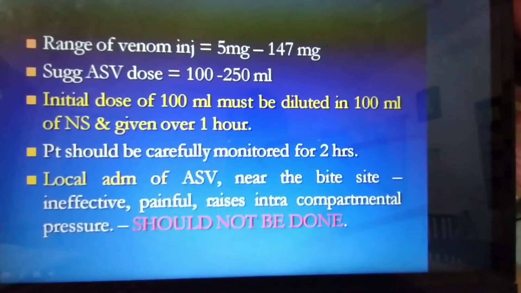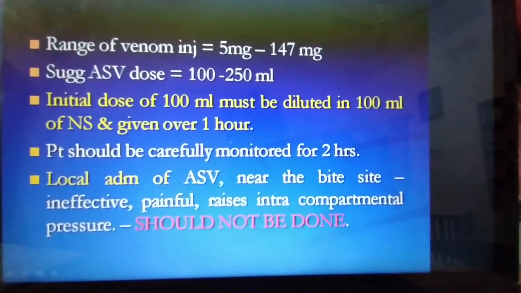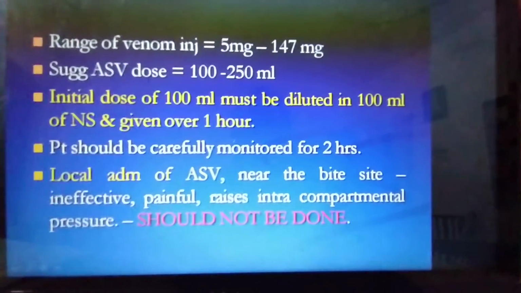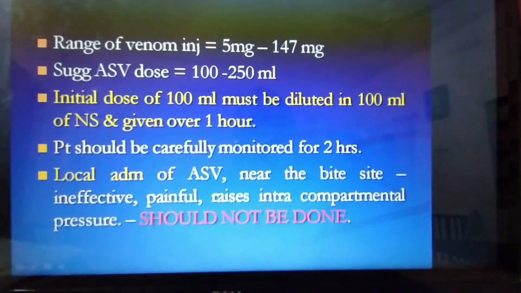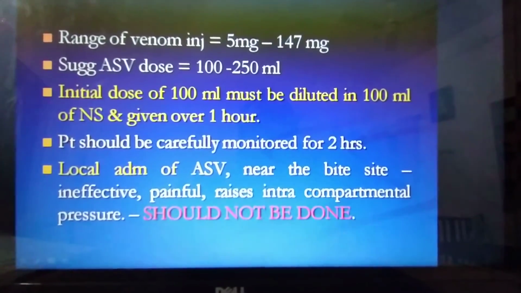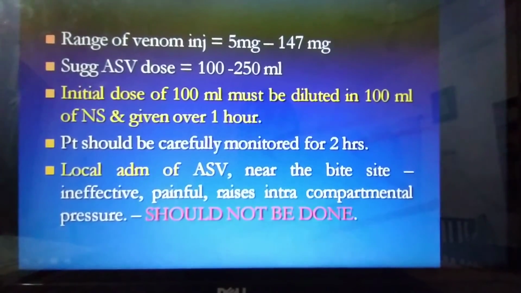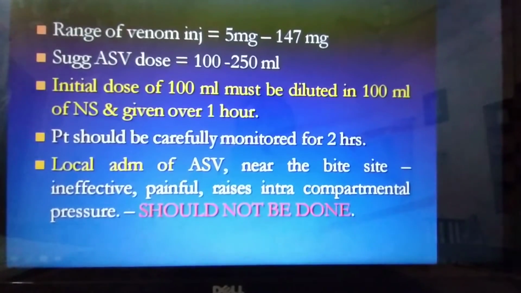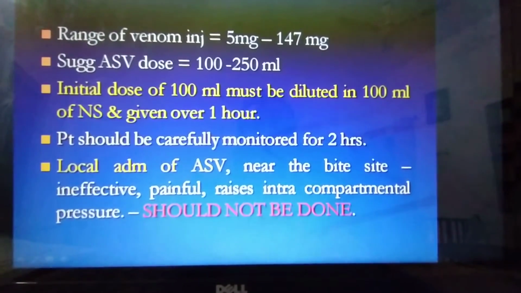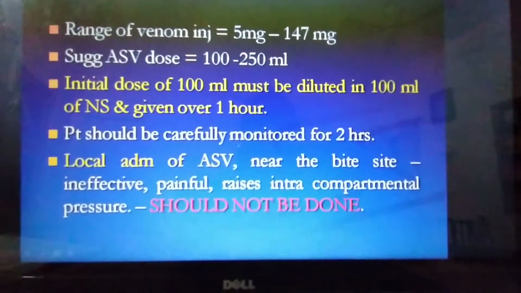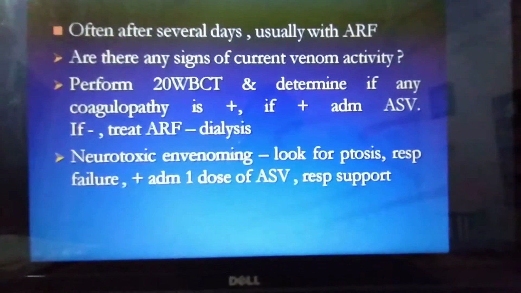It is ineffective, there is no effect of such a procedure, and it is highly painful. Sometimes it causes severe pain and a rise of intracompartmental pressure, which causes more necrosis to the area. So it should not be done.